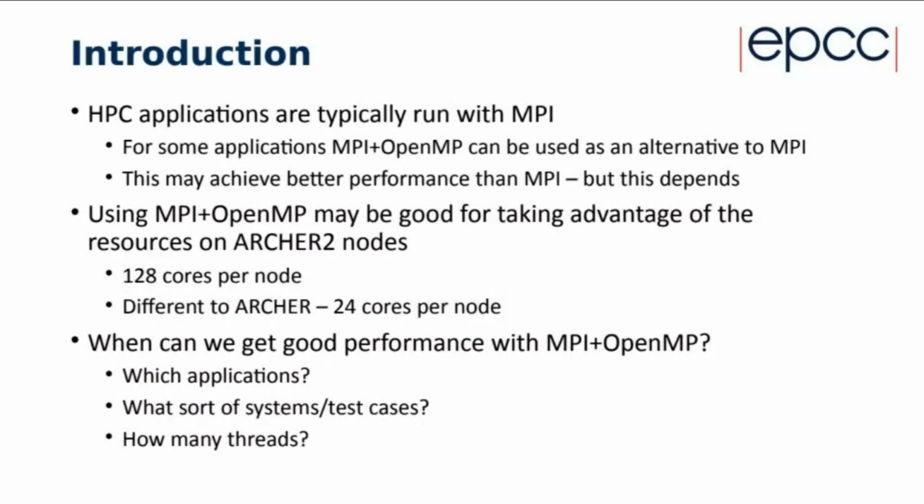Using MPI plus OpenMP may take better advantage of this than just using MPI on its own. Basically the goal is to find out when we can get good performance with MPI plus OpenMP. What kind of applications typically benefit from it? What sort of systems and test cases within these? And how many threads per process typically gives you good performance?